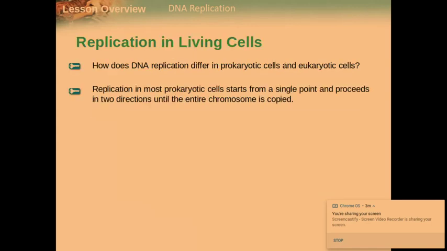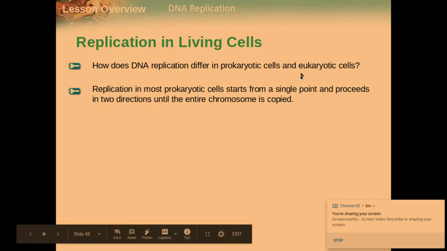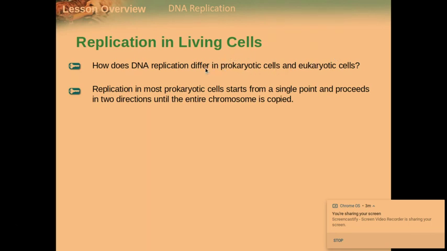So how does DNA replication differ in prokaryotic cells and eukaryotic cells? Remember, eukaryotic cells are what we have. Prokaryotic cells are what bacteria have. Replication in most prokaryotic cells starts from a single point and proceeds in two directions until the entire chromosome is copied.